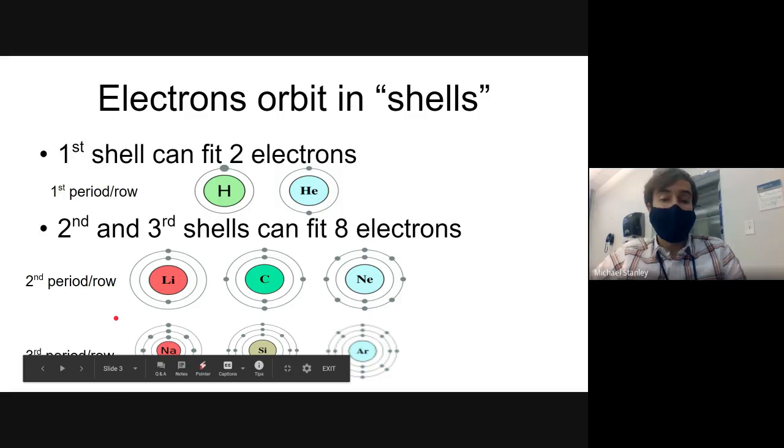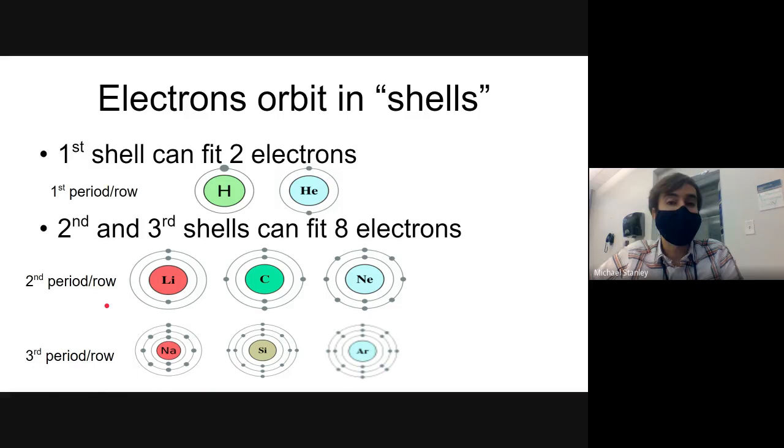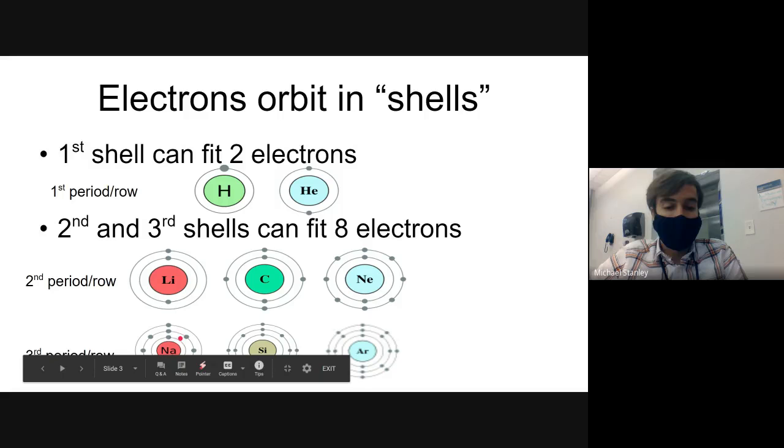Sodium is one of those weird atoms where even though the symbol of sodium is Na, we call it sodium. Sodium has 11 electrons. It's atom number 11, so it has 11 protons and 11 electrons. We start filling in the electrons the exact same way. There are 2 on the first shell, and then we can fit 8 more total on the second shell.